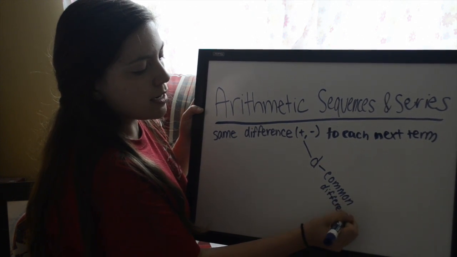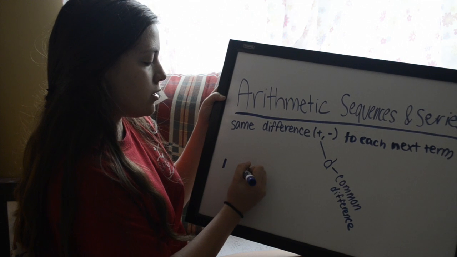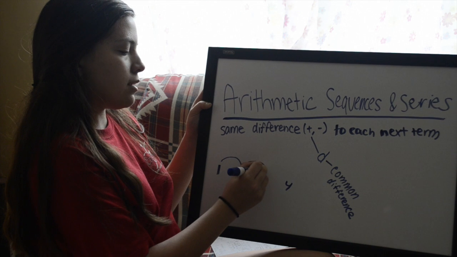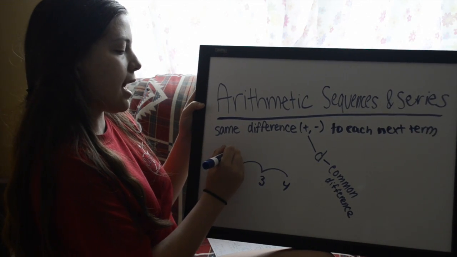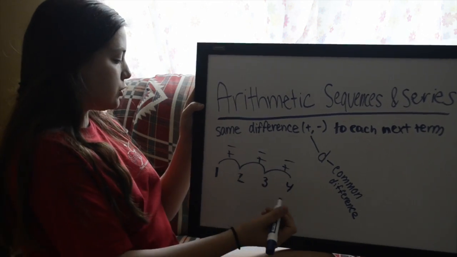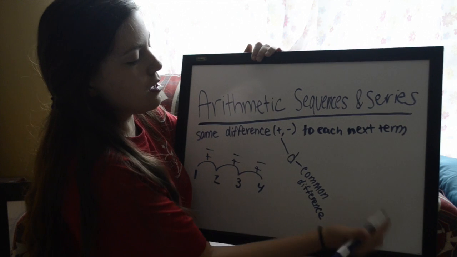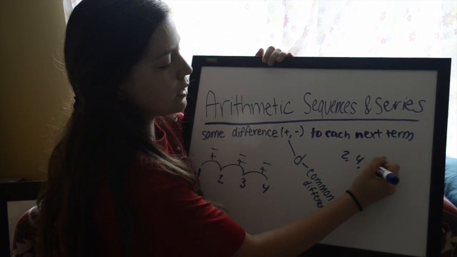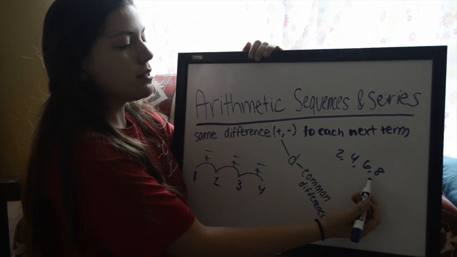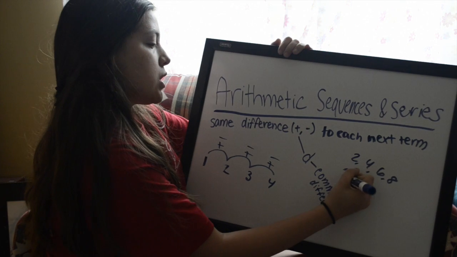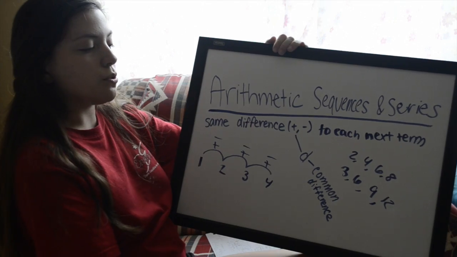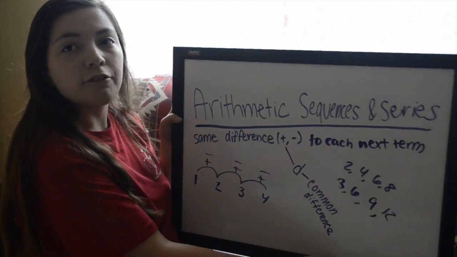So for example, in a series, let's say there's term 1, term 2, term 3, and term 4. From each next term, you're going to either add the same number or subtract the same number every time to get that next term. To show you an example, 2, 4, 6, 8 would be an arithmetic sequence with a common difference of 2. 3, 6, 9, 12 would also be an arithmetic sequence with a common difference of 3.